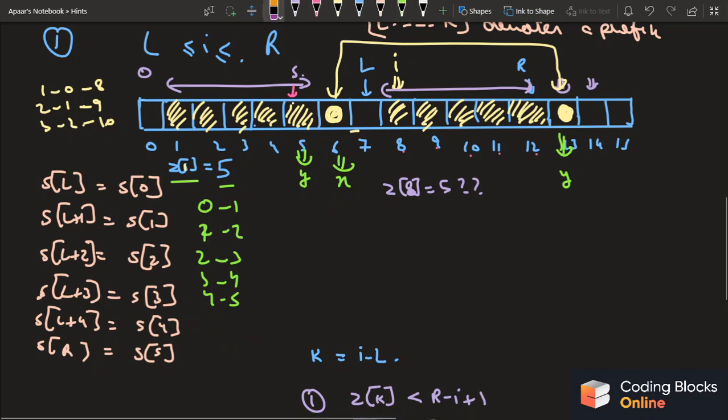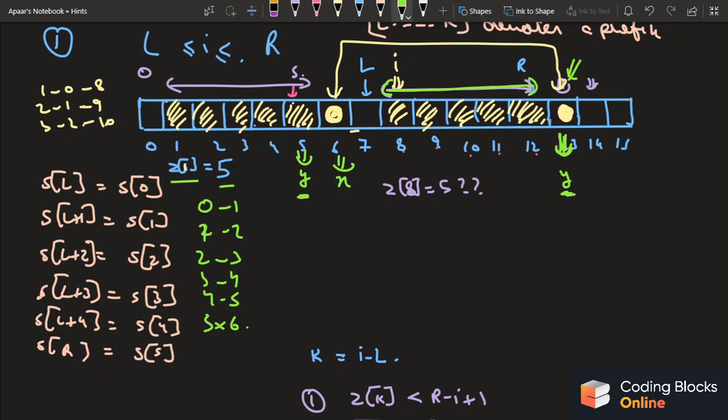Okay, so 5 is not equal to 6, right? Now if I say that yes, I can have a character y over here, and this character is also y, right? So z1 equals to 5 means that this substring of length 5 was actually matching, right? But I'm not sure about the further characters, right?